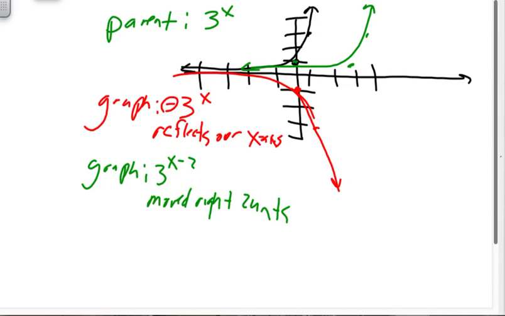All right, so now let's talk about domain and range. One thing before I go on. If you're just given a function, the first thing you want to do is see if it goes through 0, 1.